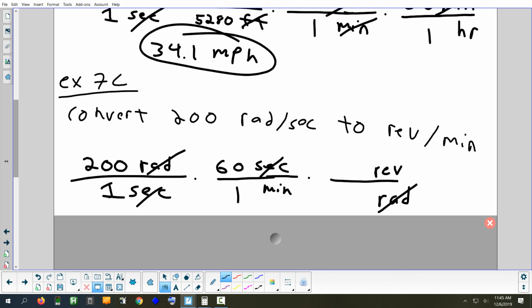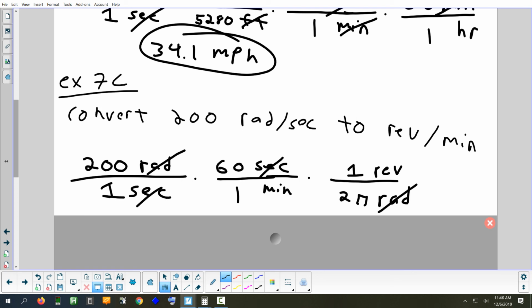We need bigger. Yep, 2 pi. There's 2 pi. Let's try writing it in the right spot. There's 2 pi radians in one revolution.